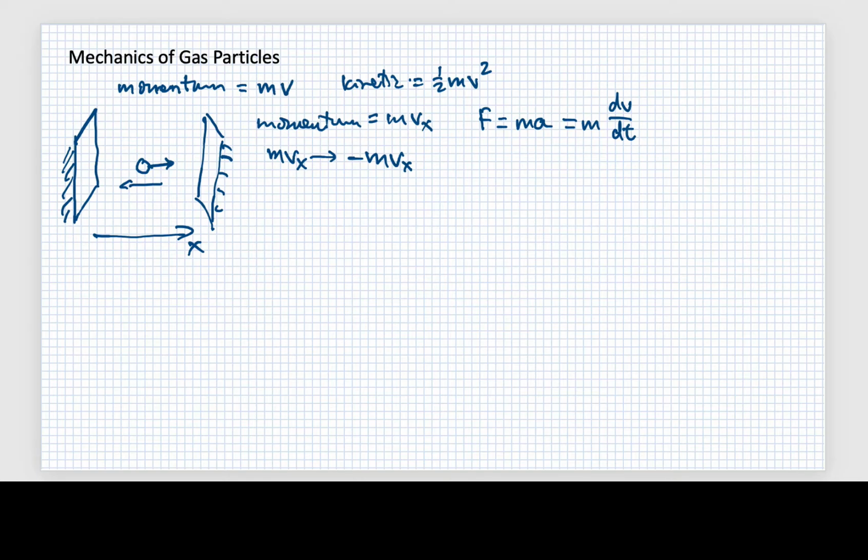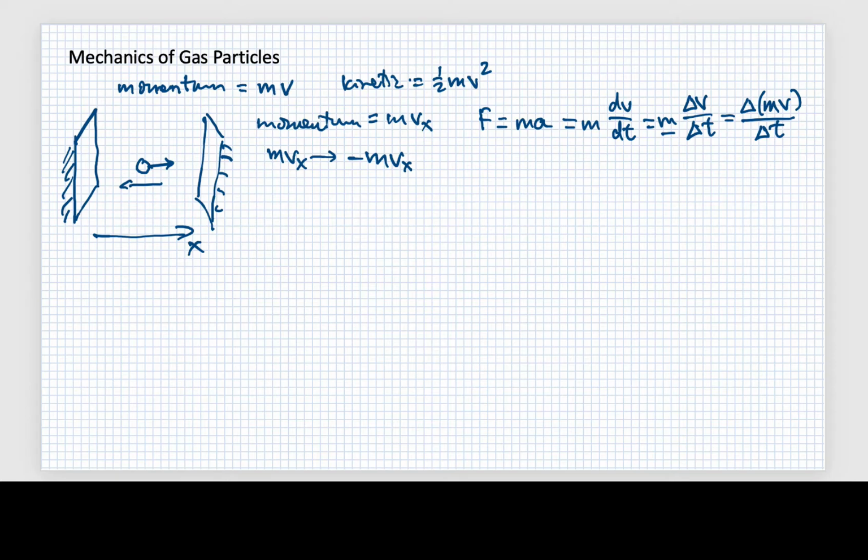I could also write this as m times delta v over delta t, but to make it even more suggestive, since the mass doesn't change, I can write this as the change in mv divided by the change in time. So force, in fact, is a measure of the change in momentum over some small discrete change in time.